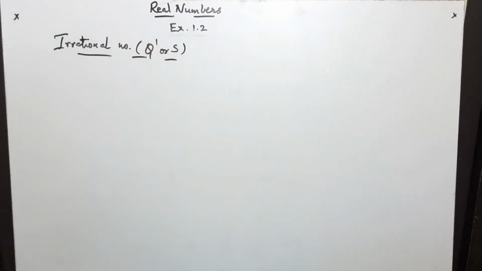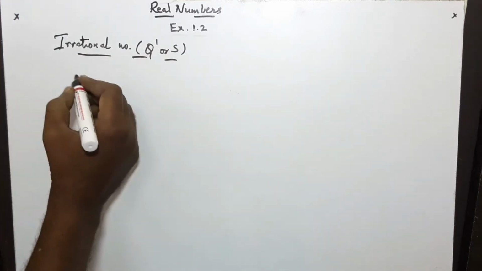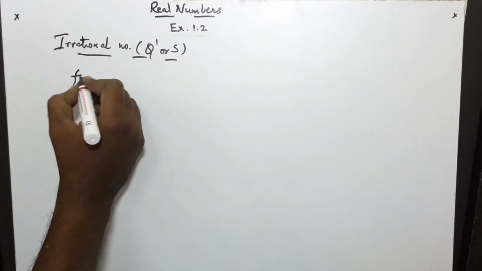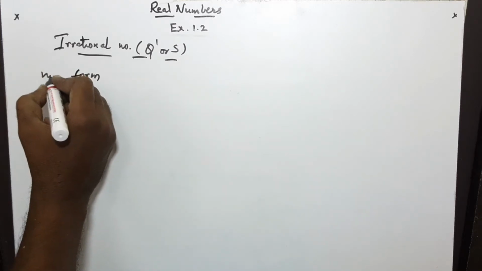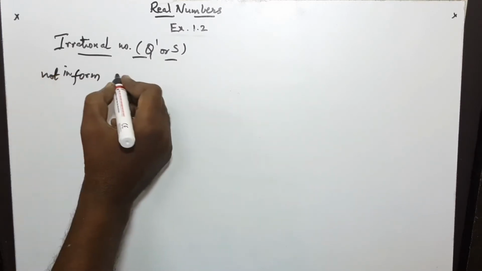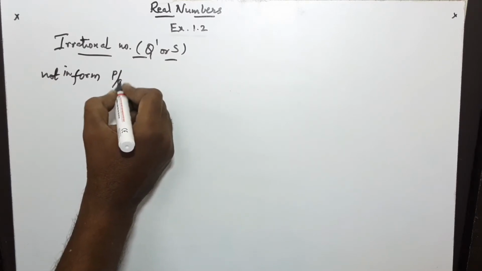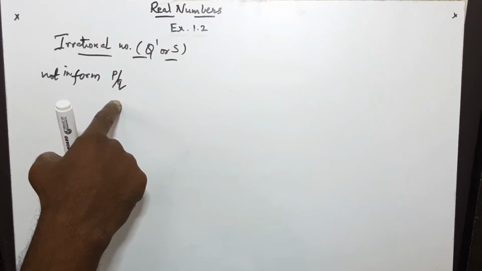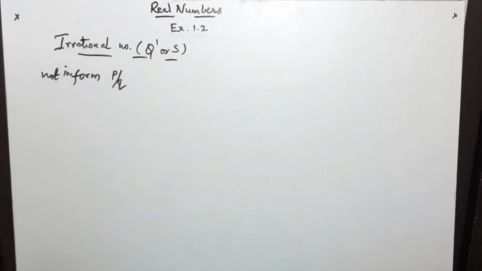Now, how are we going to represent irrational numbers? The numbers which are not in the form of p by q are said to be irrational numbers.